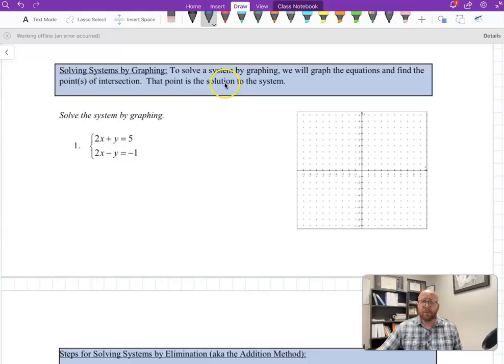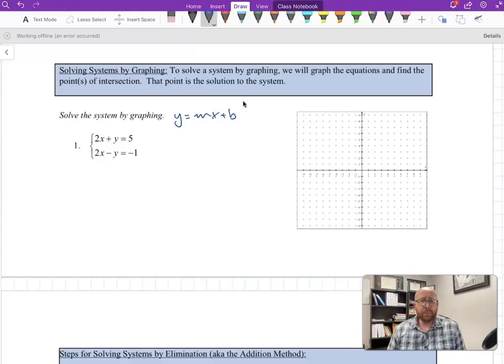To solve a system of equations by graphing, we will graph the equations and find the point or points of intersection. That point is the solution to the system. So if you're going to solve by graphing, we're going to want to rewrite our equations in the slope-intercept form, y is equal to mx plus b.